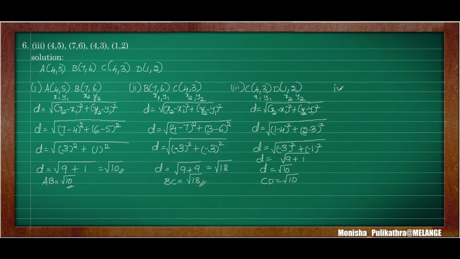So next moving on to the fourth one. The fourth one is AD. A is (4, 5) and D is (1, 2). This is x1, y1 and this is x2, y2. Apply the distance formula. (x2 minus x1) whole square plus (y2 minus y1) whole square. So x2 is 1, x1 is 4. So (1 minus 4) whole square plus (2 minus 5) whole square.